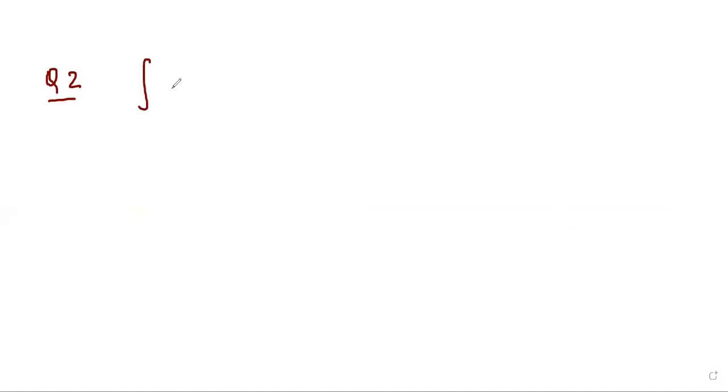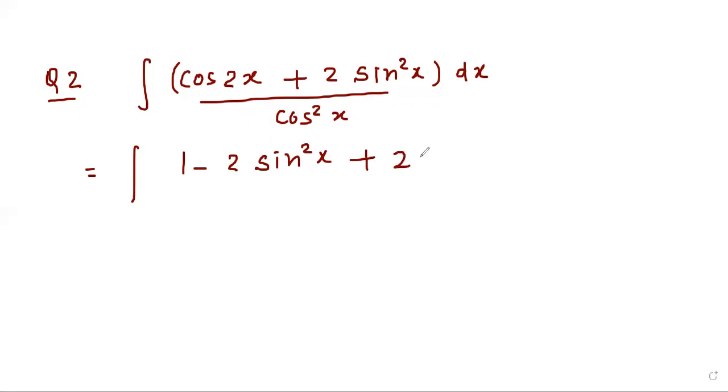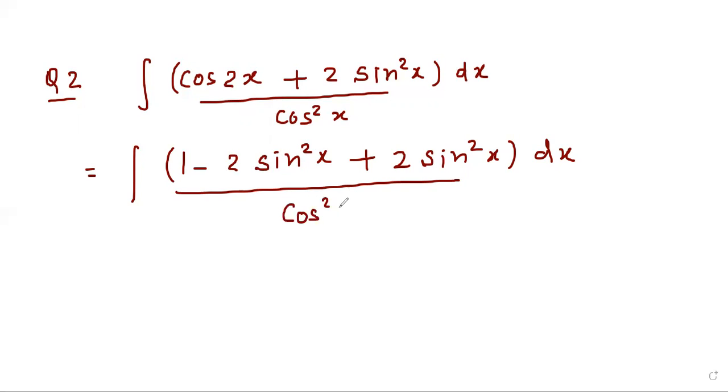Question number 2 says integration cos 2x plus 2 sin square x divided by cos square x dx. Cos 2x can be written in terms of sin x like 1 minus 2 sin square x plus 2 sin square x dx whole divided by cos square x.